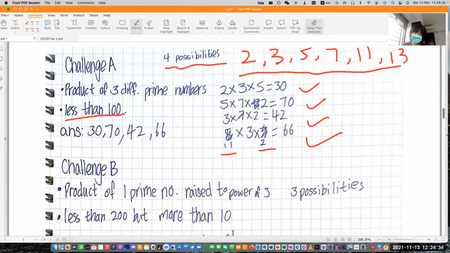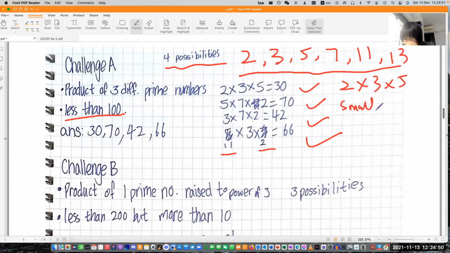Actually, in order not to miss out, your way of doing things is not so good because you might miss one of them. The way not to miss out is you write 2 times 3 times 5, from small to large.